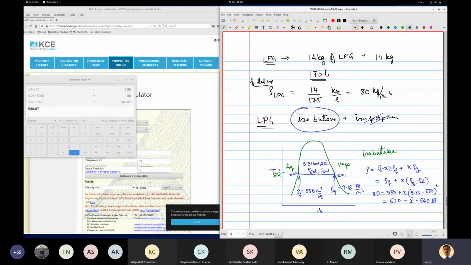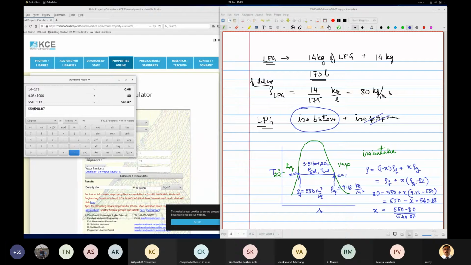So what is the value of x? We have to write the value of x now. So x will be equal to 550 minus 80, divided by 540.87, right? So that will be the answer. So what we do, 550 minus 80.